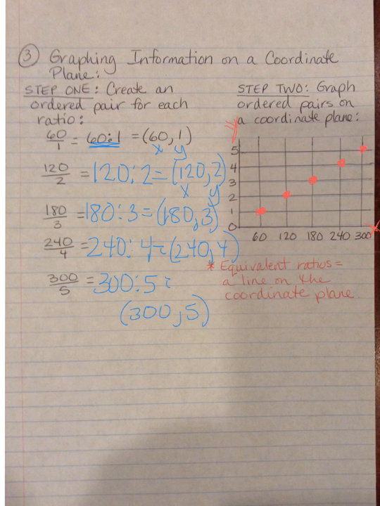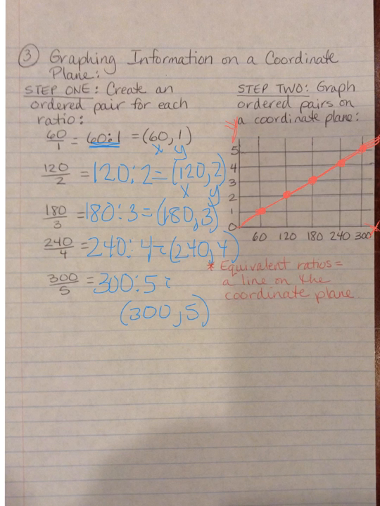Then, using a ruler or something, I connect from 0 through the coordinate plane all of those dots. If my ratios are equivalent, which in this case they are, my line should look pretty straight, should form a straight line. So any point along that line is going to give you an equivalent ratio.